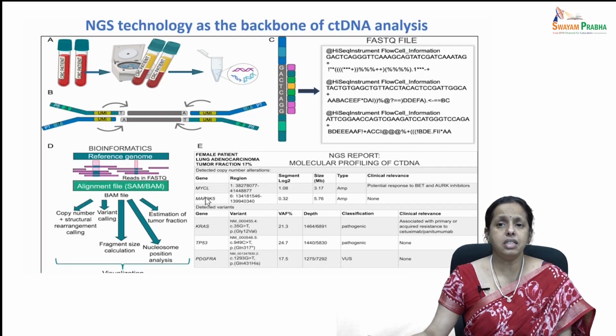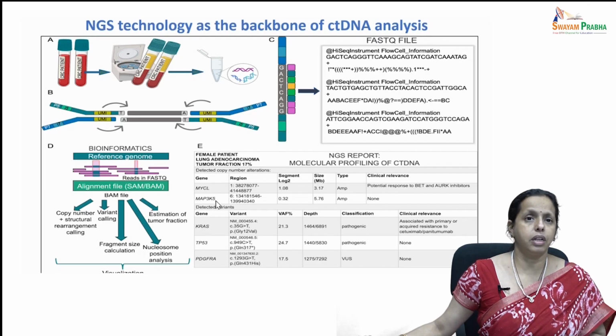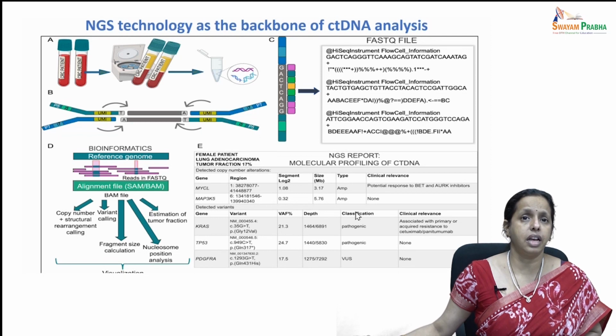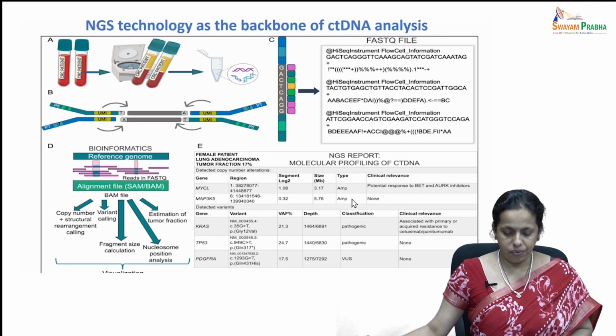And this is an example of a clinical report summarizing the interpretation of the genomic alterations detected from your cell-free DNA. This is very important here. For example, you have these particular genes, the region, which segment, what size. Is it amplified? Yes.